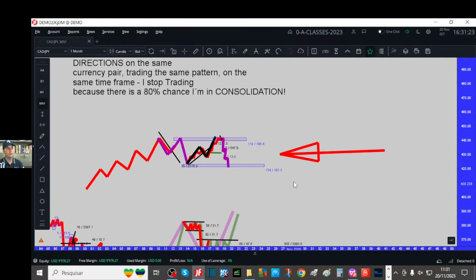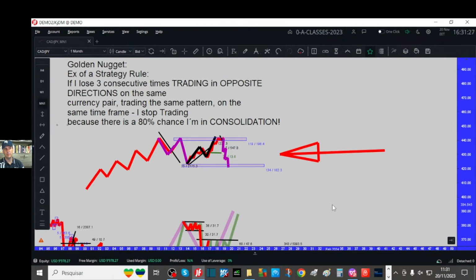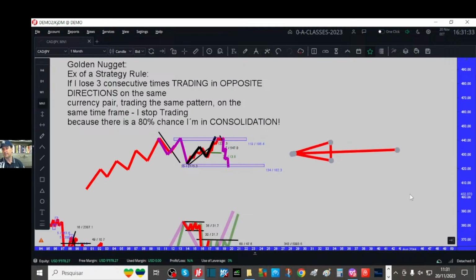But once you understand that this is consolidation, everybody, then either you stay out or you trade consolidation. Very good. I understand, not if I agree, I understand.